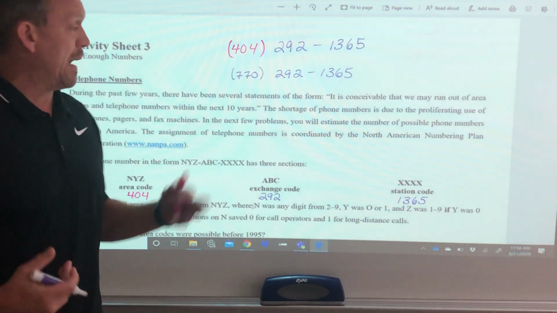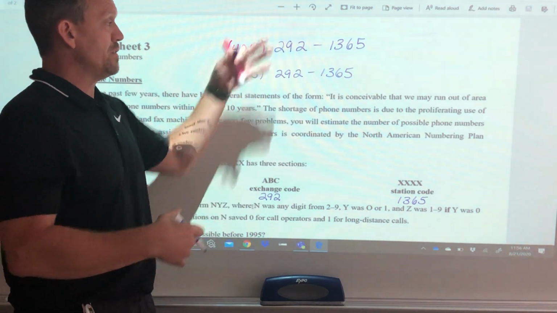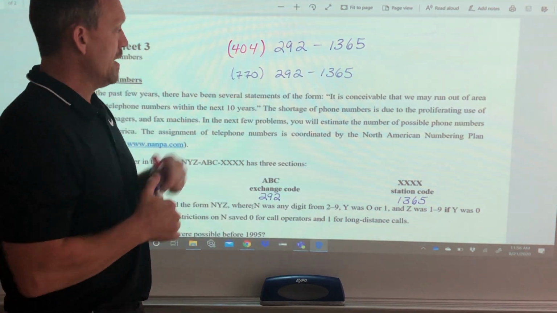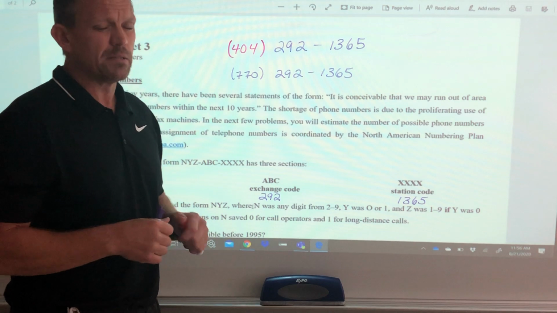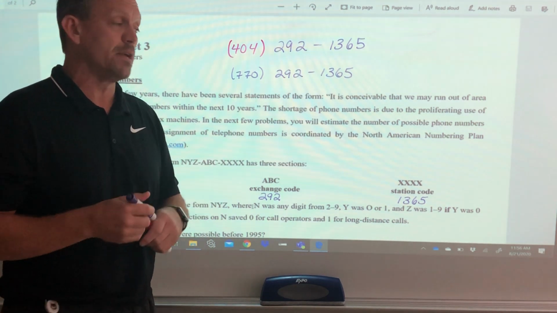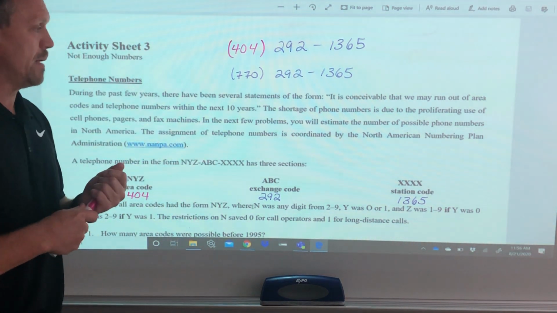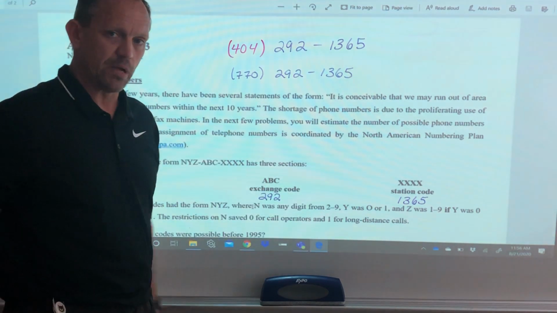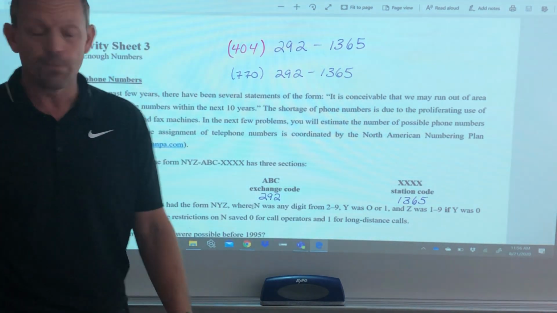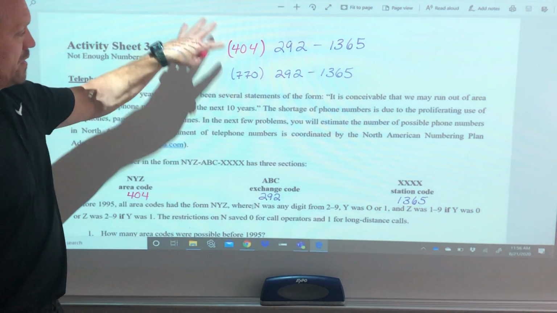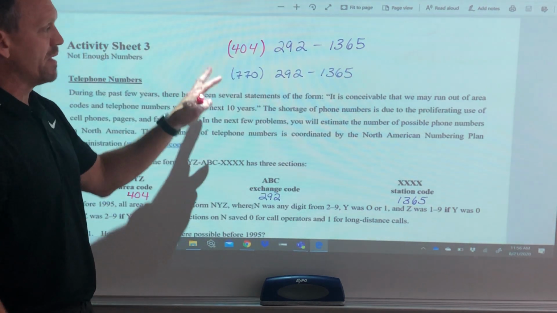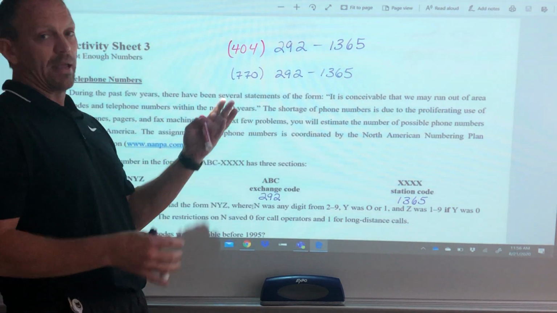So basically by creating that area code, it doubled the chances of having that number. And obviously it's going to do a little bit different than that. It's more than just doubling, and we'll start talking about that more as we get deeper into this material. However, this is just a very simplistic understanding of why area codes.